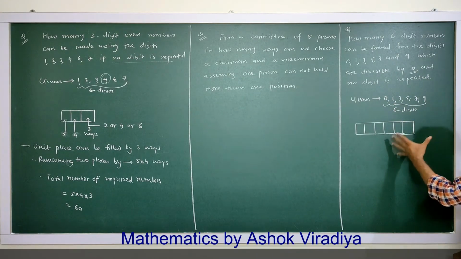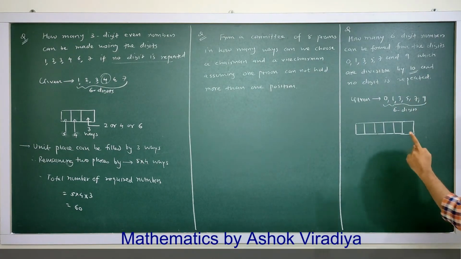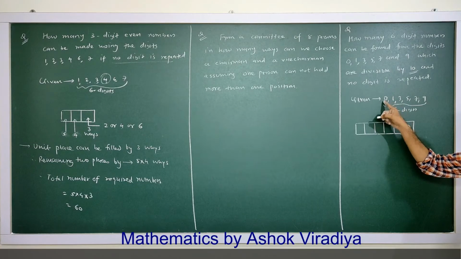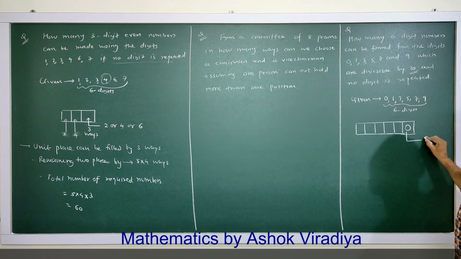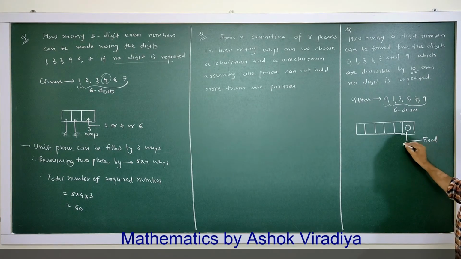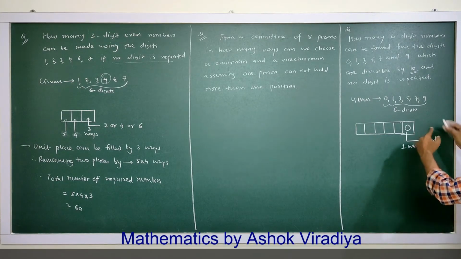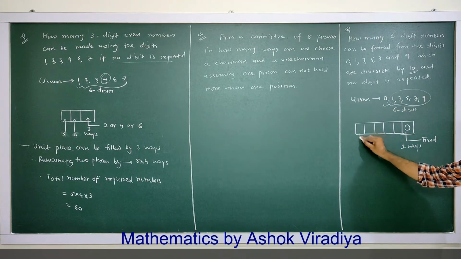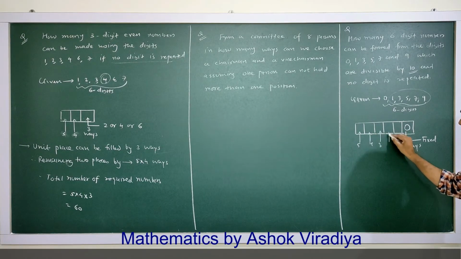So to have a number divisible by 10, any number is said to be divisible by 10 if the digit at the unit place is 0. So this 0 should be fixed in the unit place. So this is fixed, one way. 0 is fixed, and from the remaining 5 digits, the remaining places can be filled in 5 ways, 4 ways, 3 ways, 2 ways and 1 way.